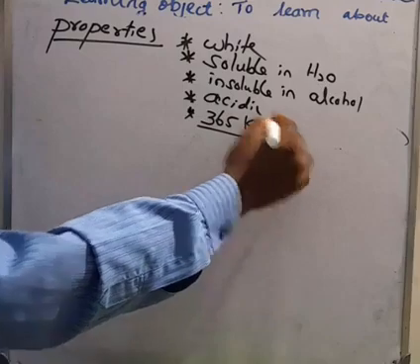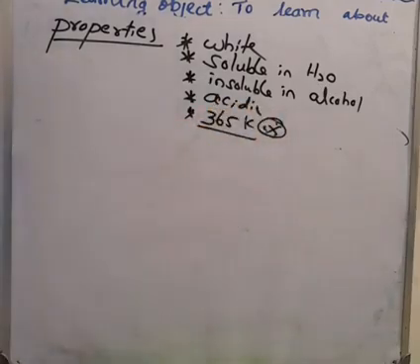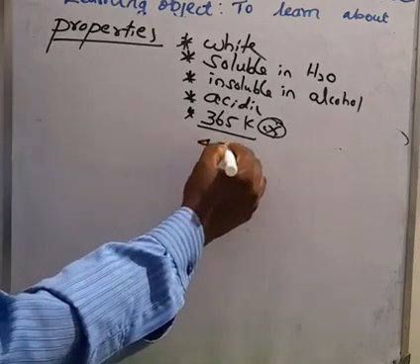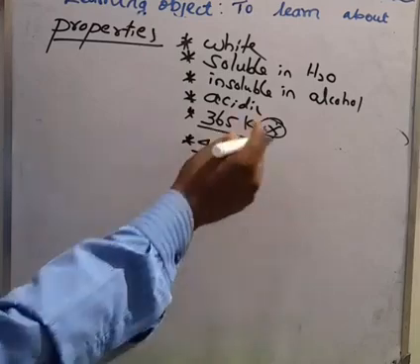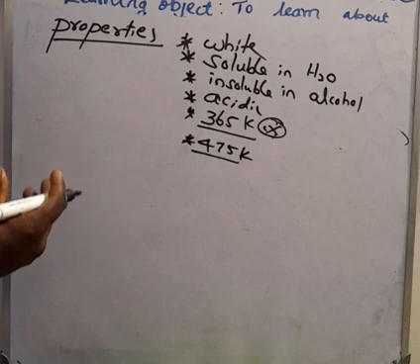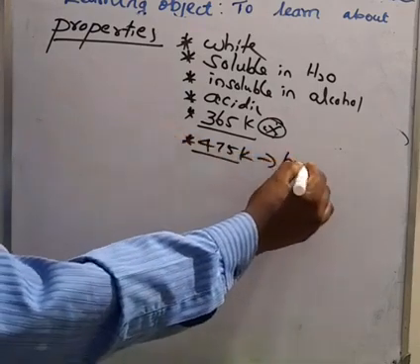At 475 Kelvin, it loses the water of hydration and swells up. The swollen mass is known as burnt alum.